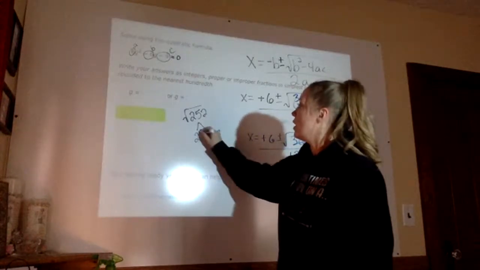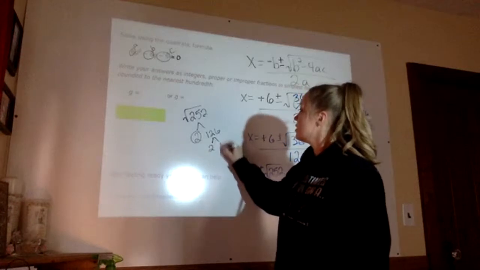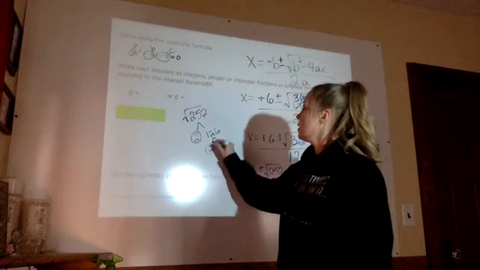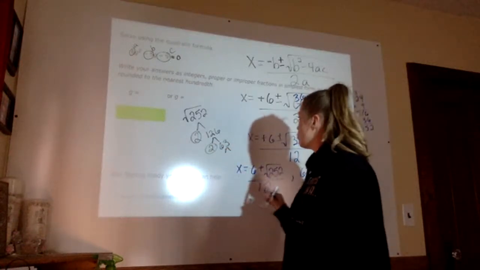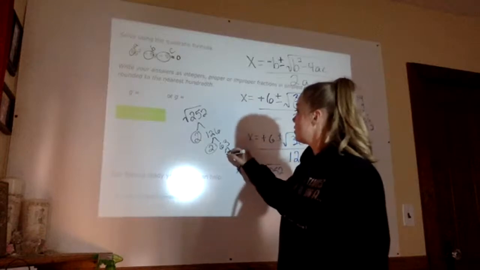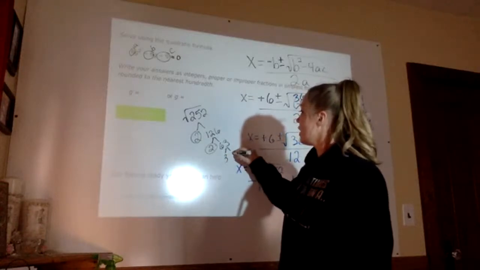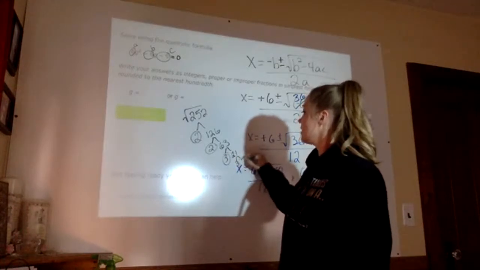And then 126 would be 2 and 63. And 63 is, we could do 3. 3 and 21. And 21 is 3 and 7.